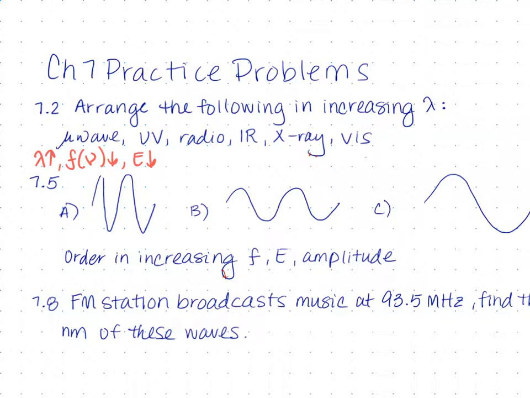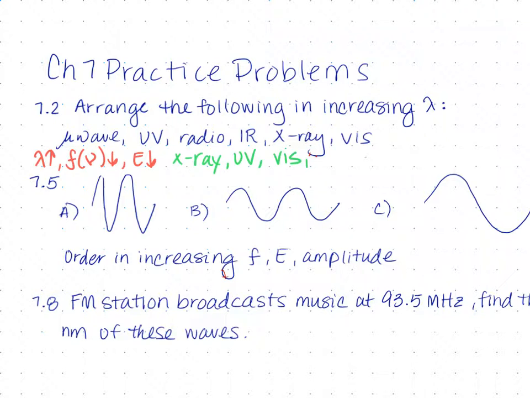The shortest of these wavelengths, or the highest energy, would be X-ray. X-ray would be your shortest wavelength of these 6 options. Then UV. UV is the next most energetic, or the second shortest wavelength. And then I would put visible light.